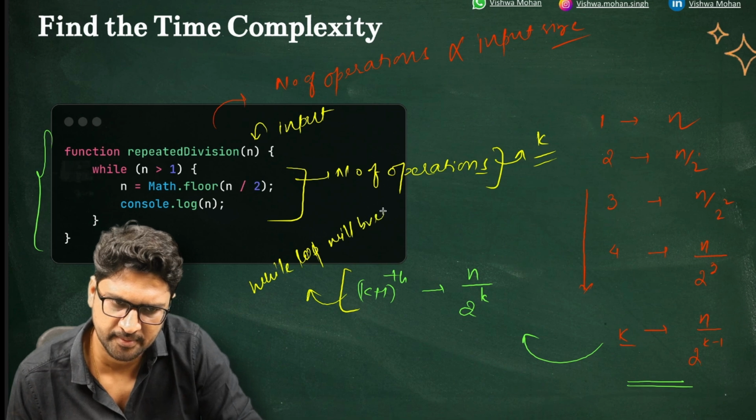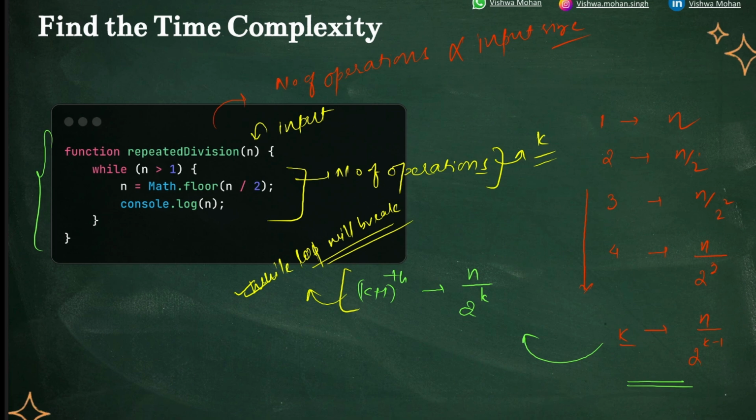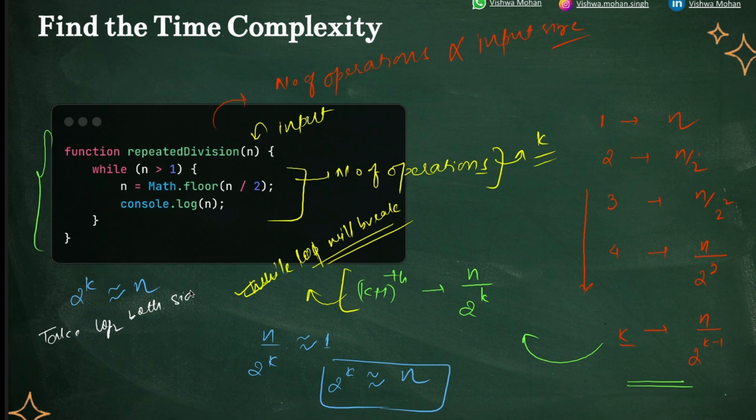And this is the point, the k plus 1th time, where the while loop will break. So at this point, n divided by 2 to the power k becomes approximately equal to 1, or I can say that 2 to the power k is proportional to n. So I can take log base 2 on both sides.